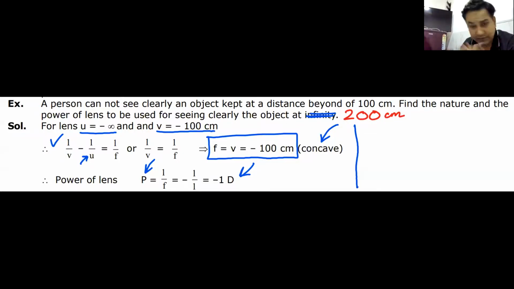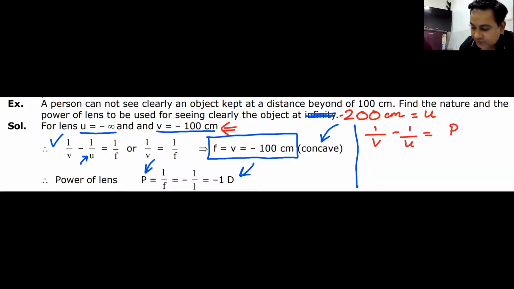So now comes my job to do it. 200 centimeters is where he has to see, so this minus 200 becomes your u. Yes or no? Do we understand this? Your v is already minus 100. Do we understand this? I just put it in the formula: 1 by v minus 1 by u is 1 by f.